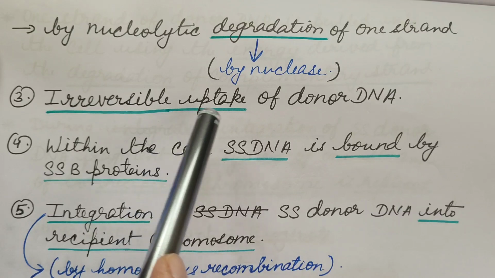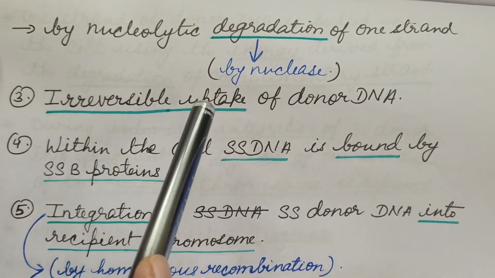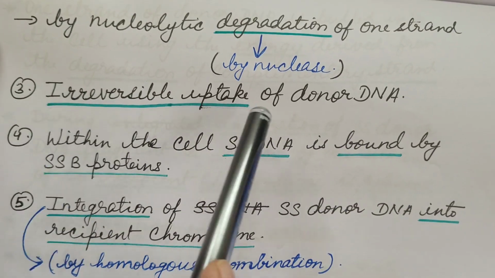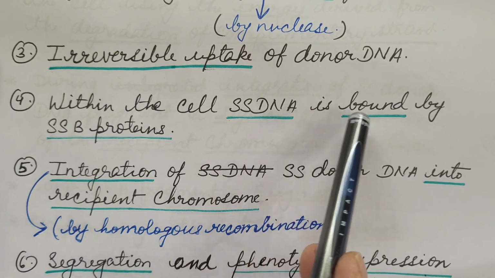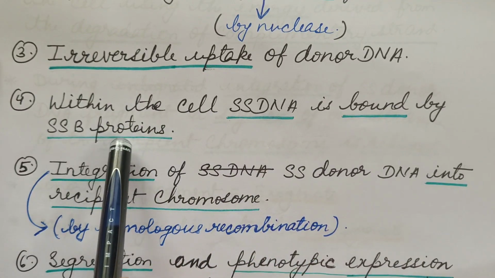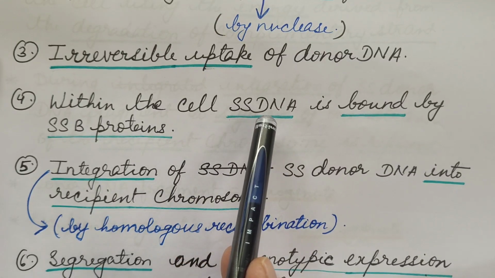Then irreversible uptake of donor DNA takes place. This single strand of the donor DNA is taken inside the cell into the cytoplasm. Within the cell, the single-strand DNA is bound by single-strand binding protein in order to protect it from nuclease enzyme.